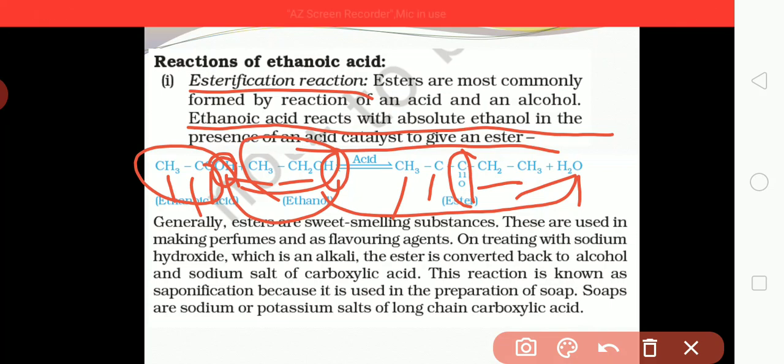CH3COOCH2CH3, with C double bond O, as you can see.